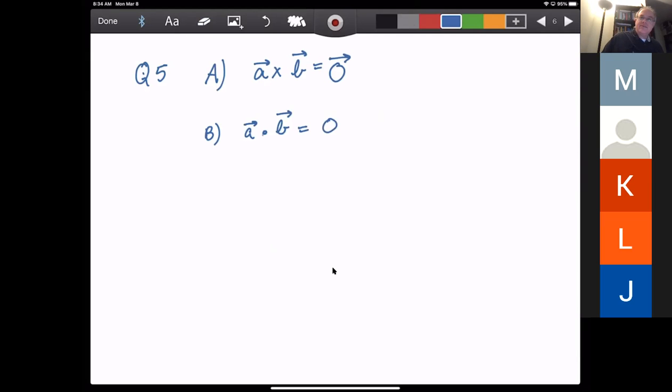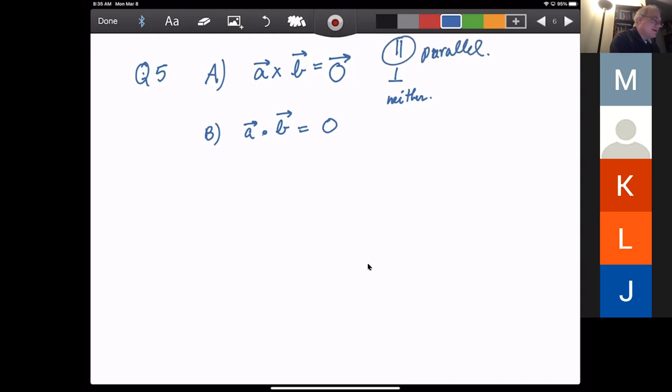So what can you say about the vectors A and B when their cross product vanishes? Are they parallel, orthogonal, or neither? Okay, so they're parallel.